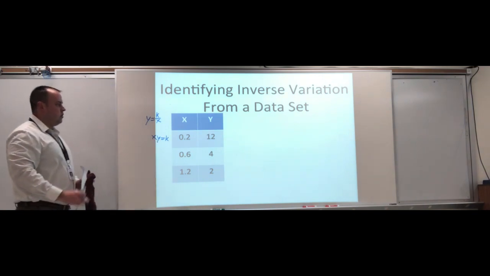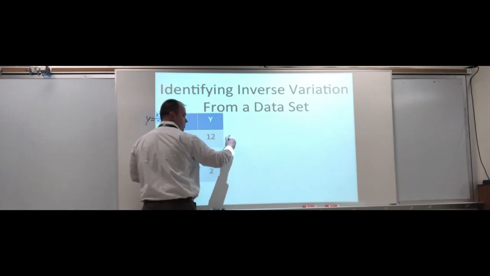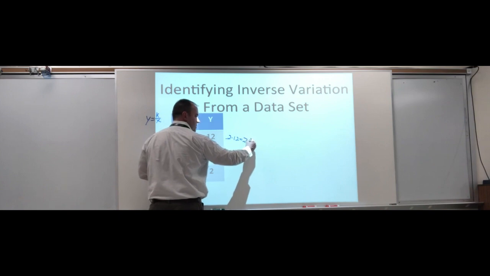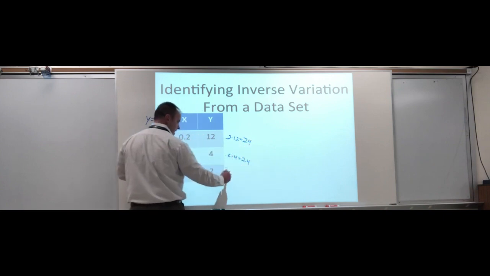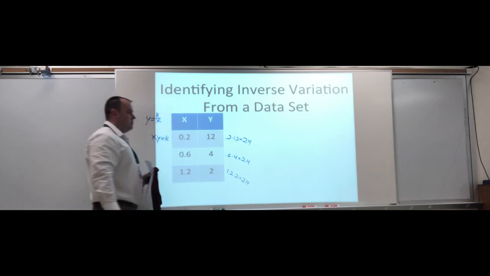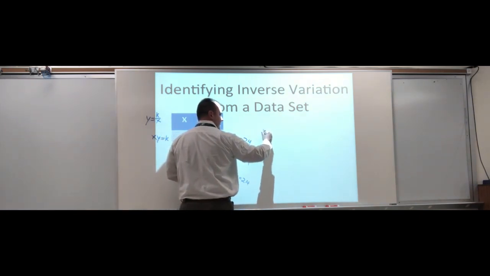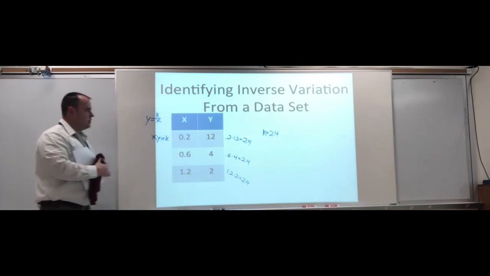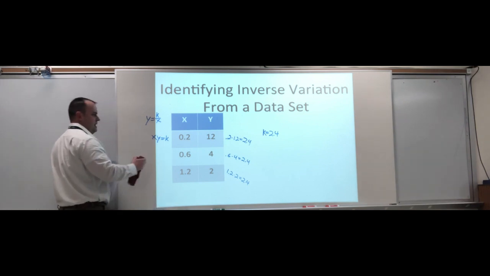For each one of these, we should be able to multiply across. 0.2 times 12 should give us 2.4. 0.6 times 4 gives us 2.4, and 1.2 times 2 equals 2.4. So they all equal the same thing. We have k equals 2.4. So there's our verifying inverse and direct variation by table.